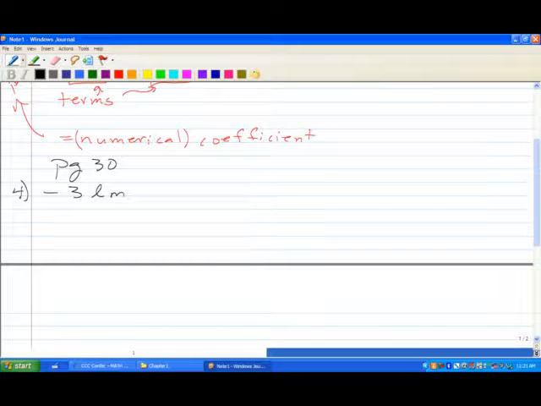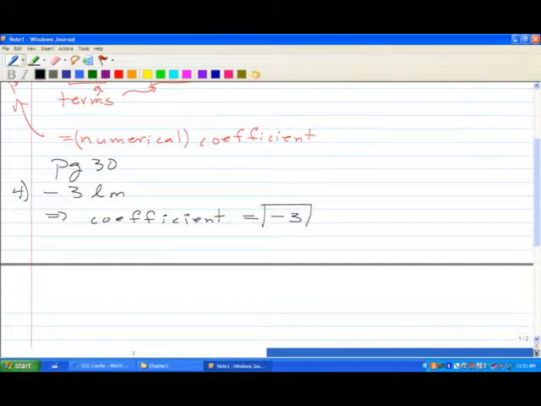In exercises 1 through 14, write down the numerical coefficient for each term. And so, let's determine the coefficient. In this particular case, the coefficient is negative 3.